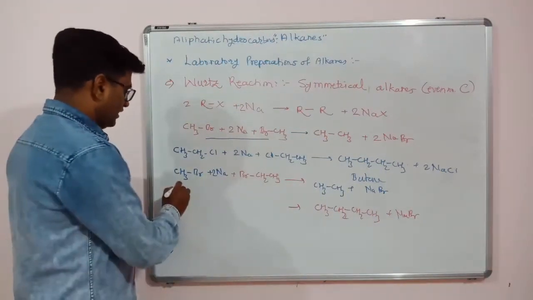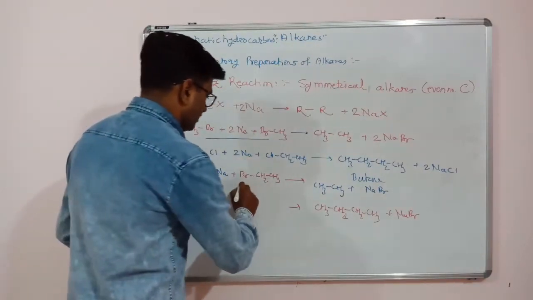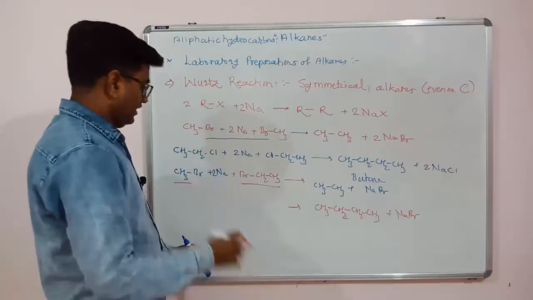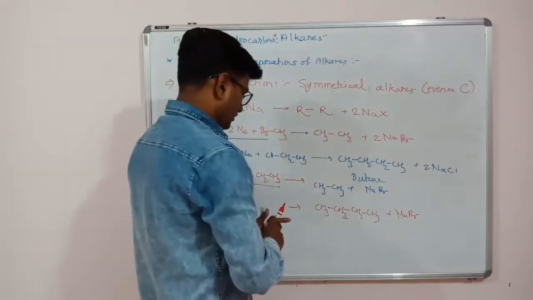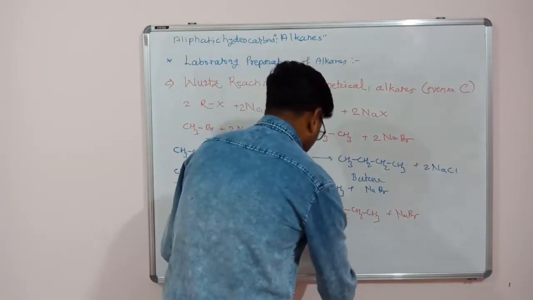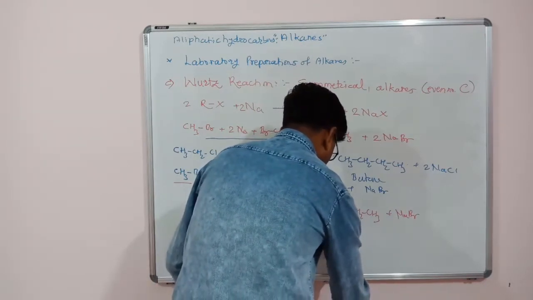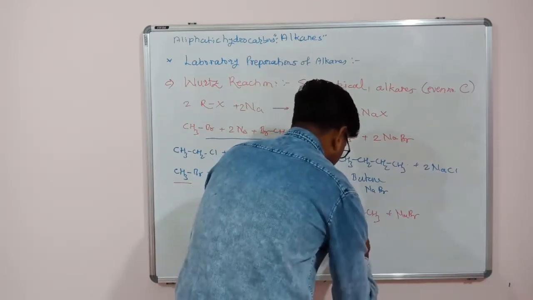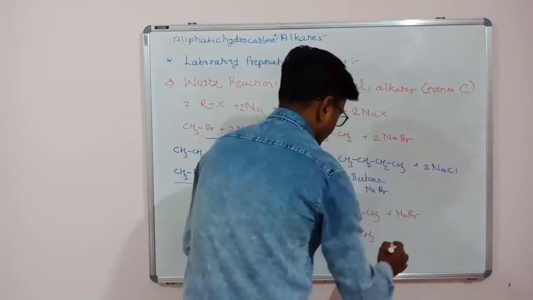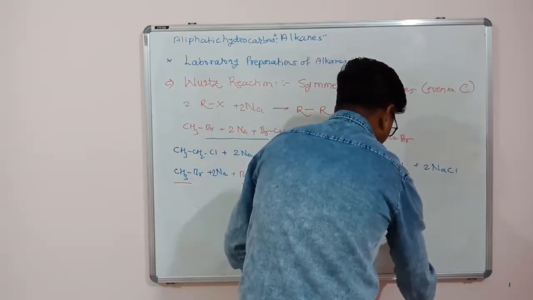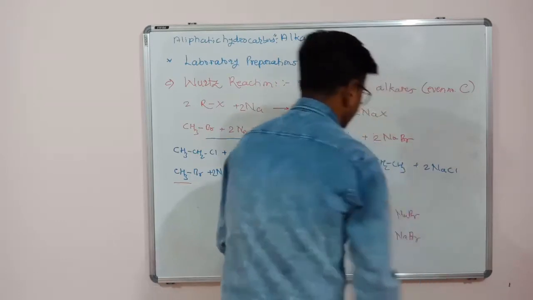Third possibility is that if this one combines with this one, then 1 carbon plus 2 carbon, so a 3 carbon product we will get, CH3CH2CH3. So in this case we will get a propane product.